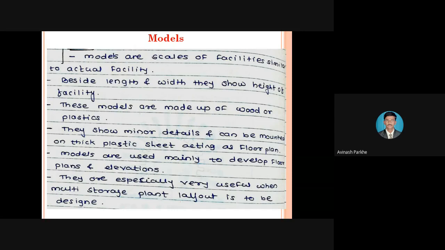In order to explain such things in advance, if I prepare a model, through that model I can explain all the things in detail, and by observing such models, unskilled operators also get the information in a very easy manner.